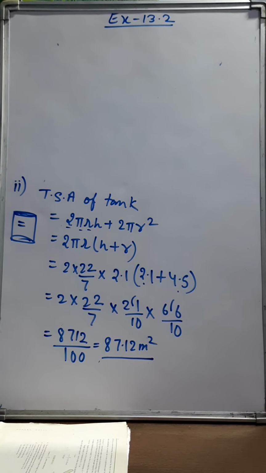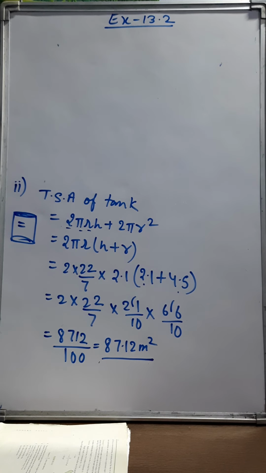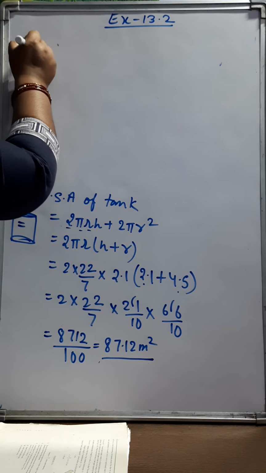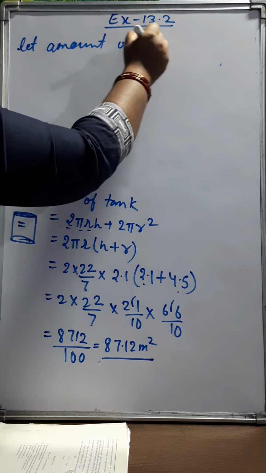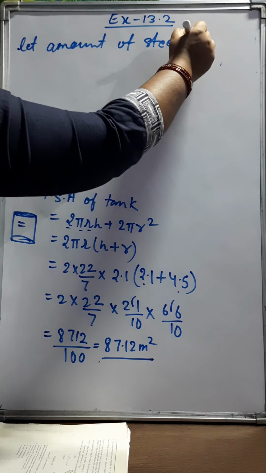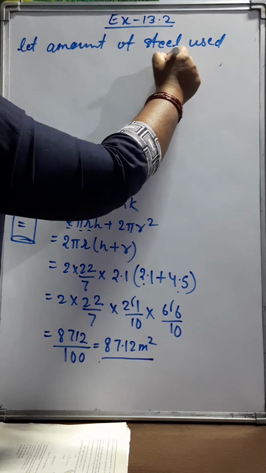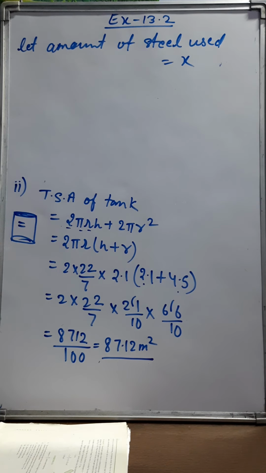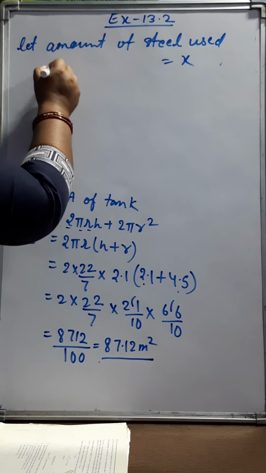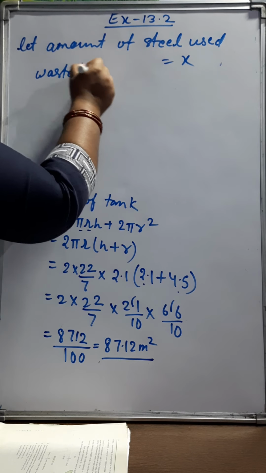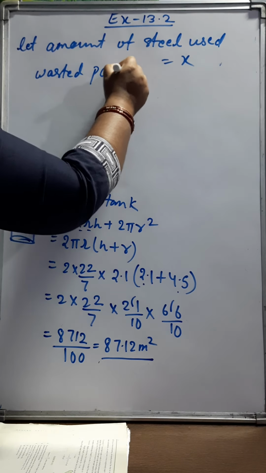Here it is said that 1 by 12 of the steel actually used was wasted in making the tank. So here first we will assume the amount of steel used, let us suppose it is X. Here it is given that 1 by 12 of X is the wasted part of steel.